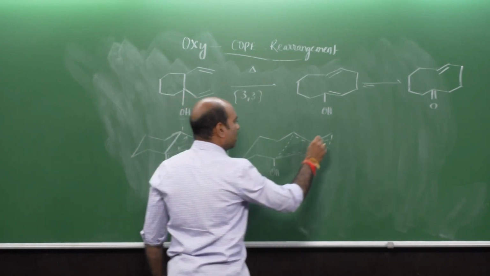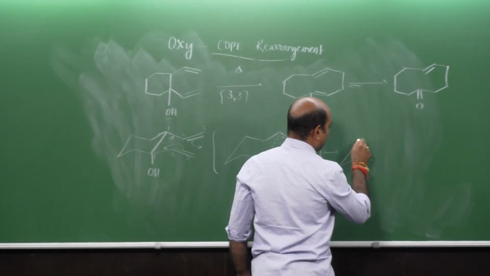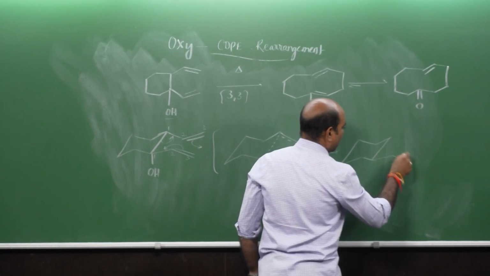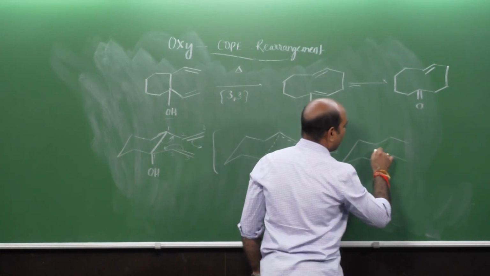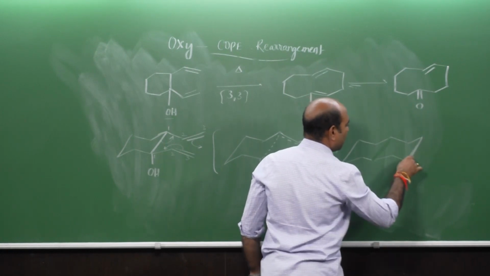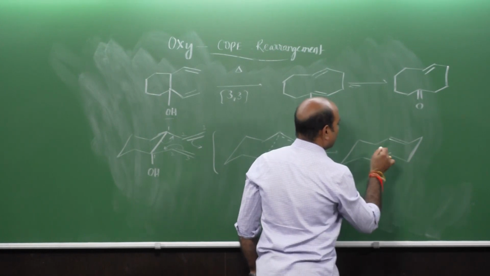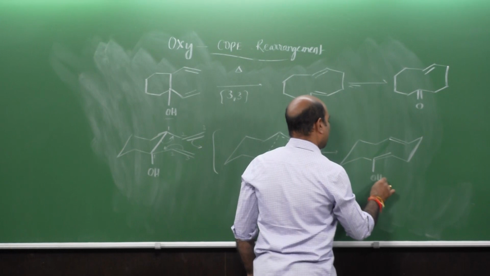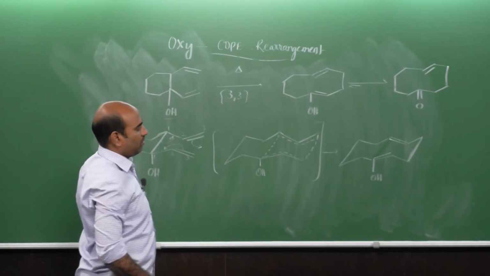So this becomes the cyclic transition state, and after that the product is this: this sigma bond has gone, this sigma bond has newly formed, and then the double bonds have moved to these places. So this is the product which will again undergo tautomerization to that one.